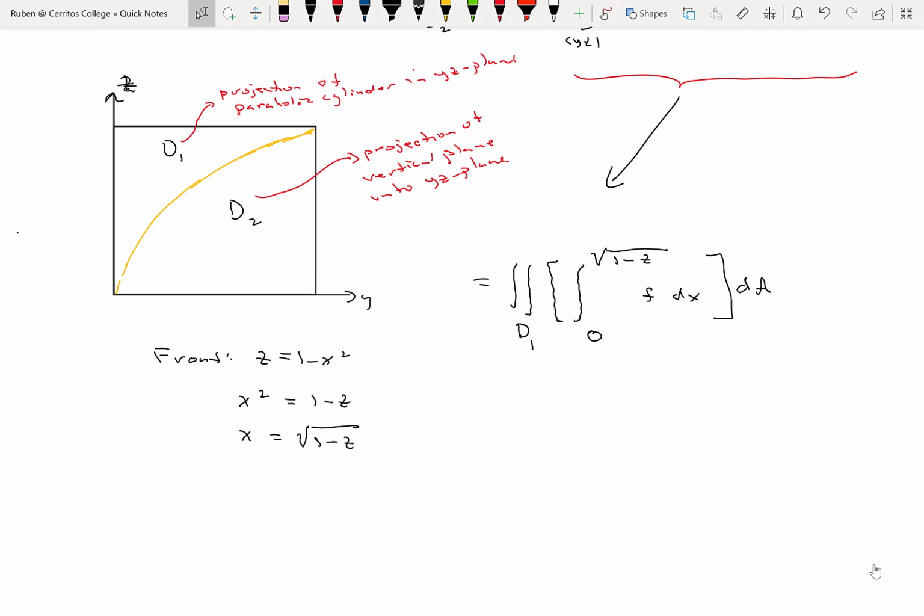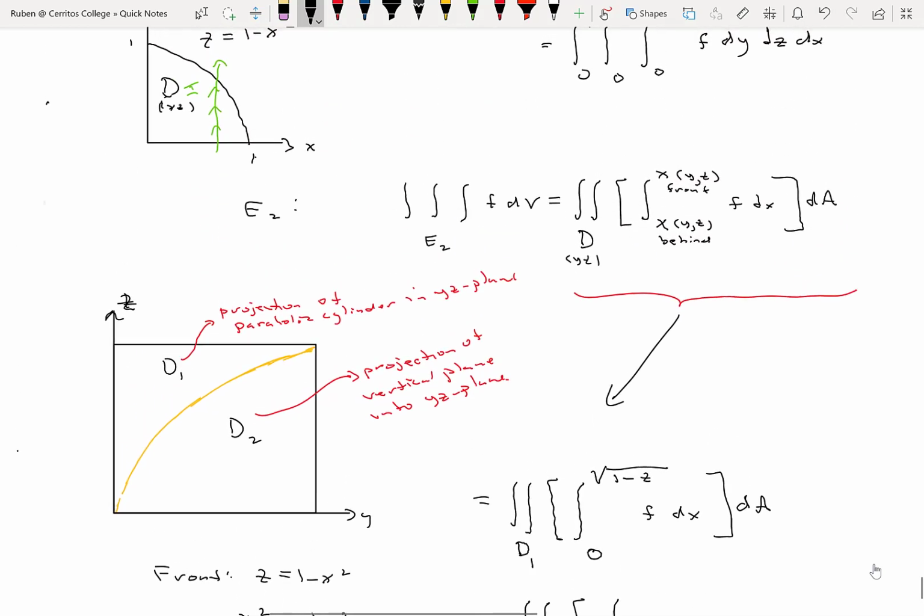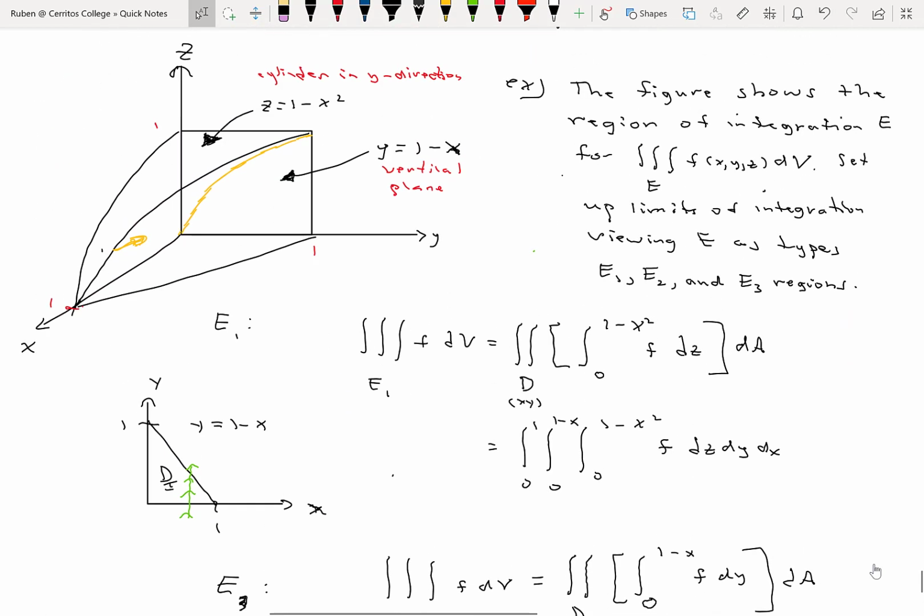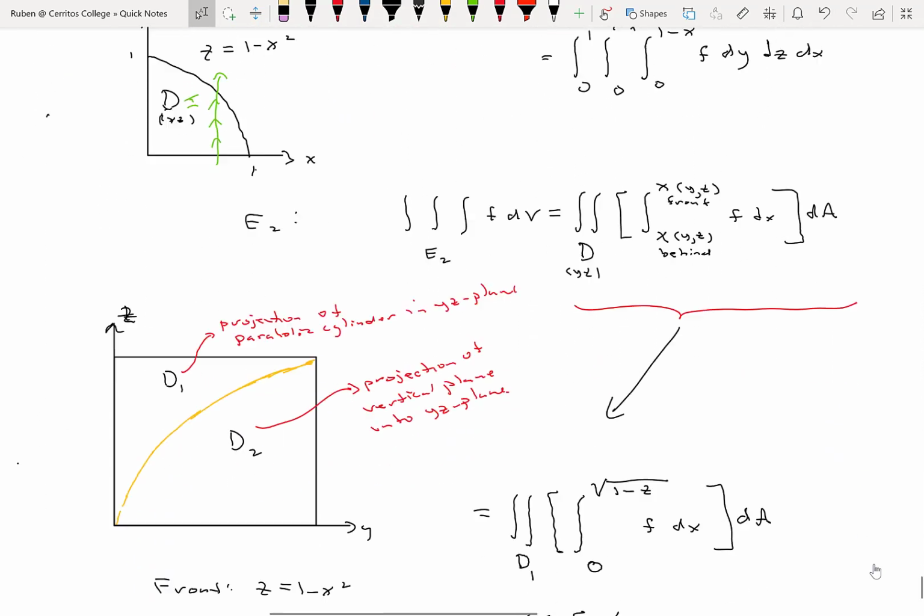plus the integral over D2, that portion of the square projection in the YZ plane, of the integral of the surface behind, which is still x equals 0, of f with respect to x, but the surface in front of D2 is now the vertical wall, y equals 1 minus x.